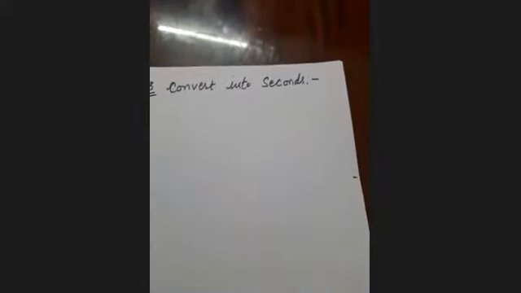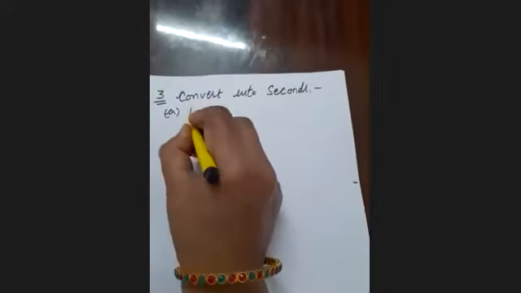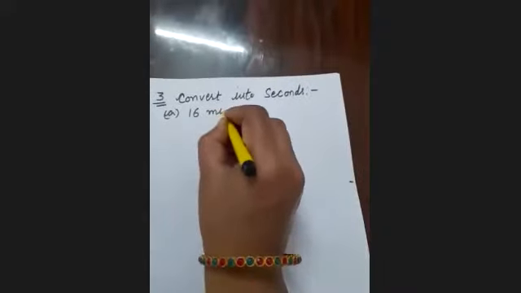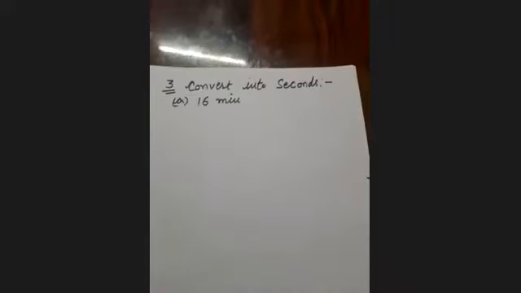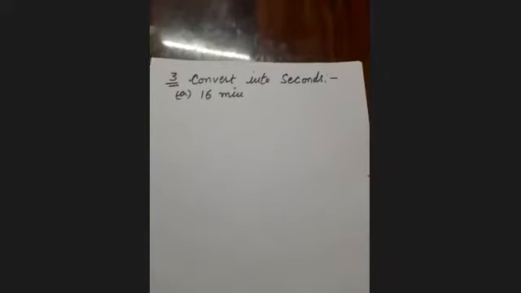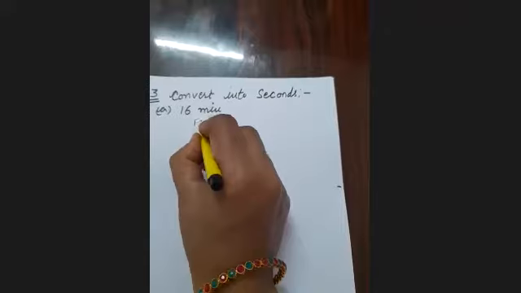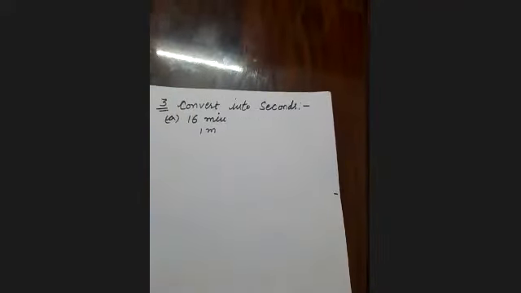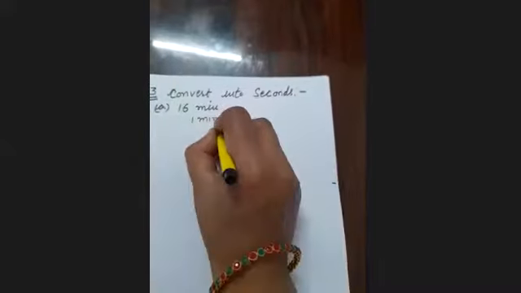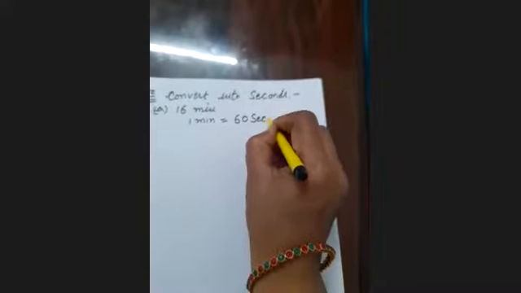First part is 16 minutes. Part A, 16 minutes. Now students, convert 16 minutes into seconds. 1 minute is equal to 60 seconds.